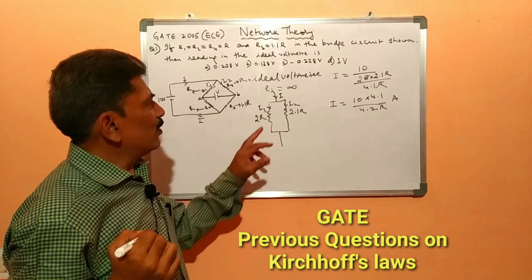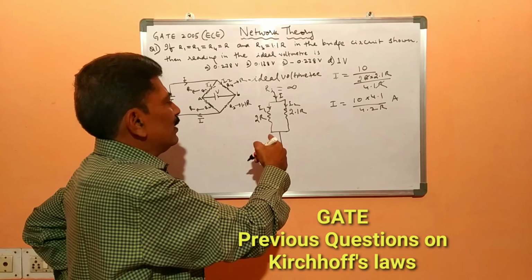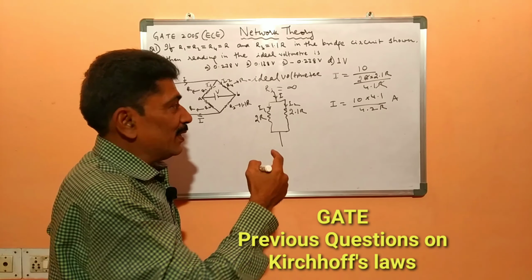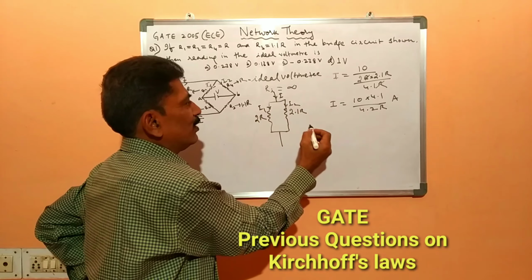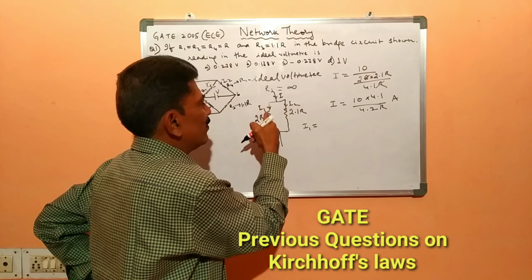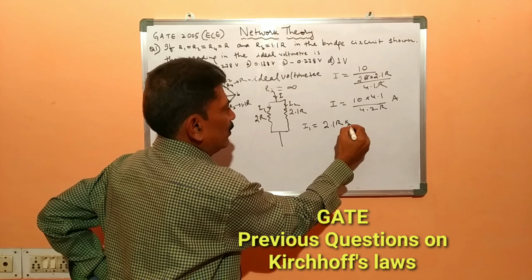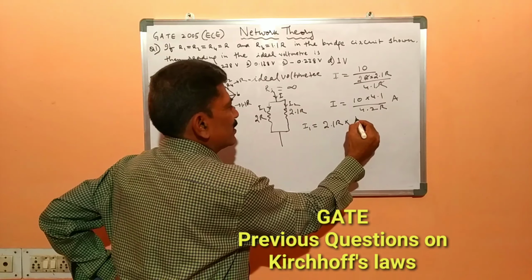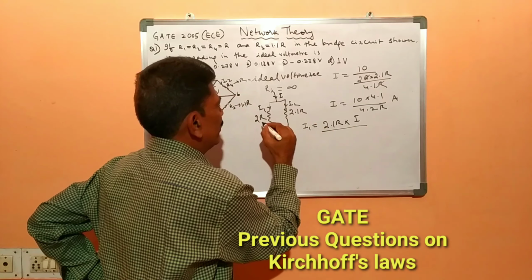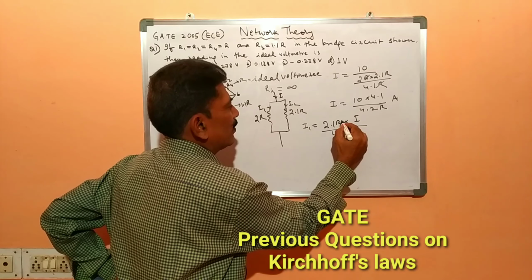Now let us find I1 and I2 in terms of I by using the current division method. I is divided into I1 and I2. I1 is equal to 2.1 R into I, the supply current, by the total of these two resistances, which is 4.1 R. This R and this R will get cancelled.